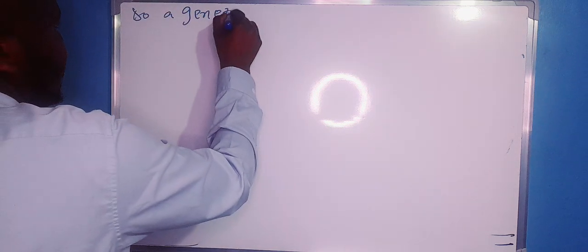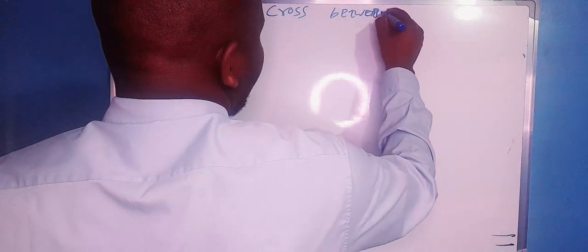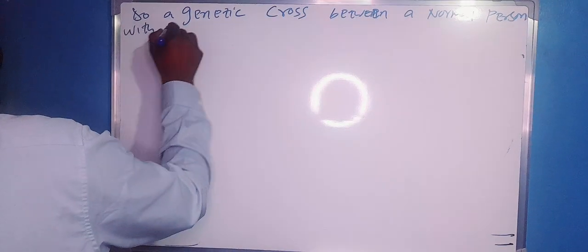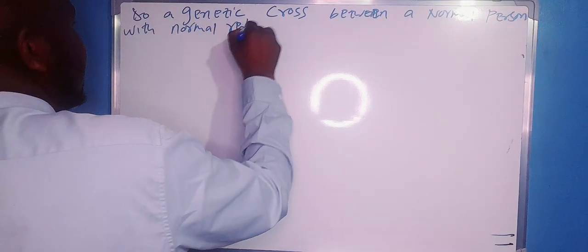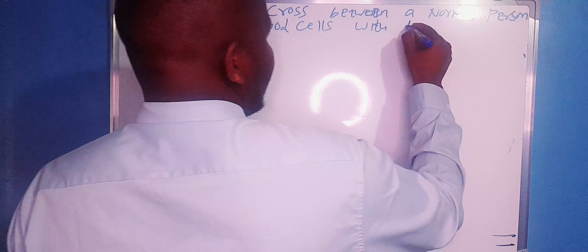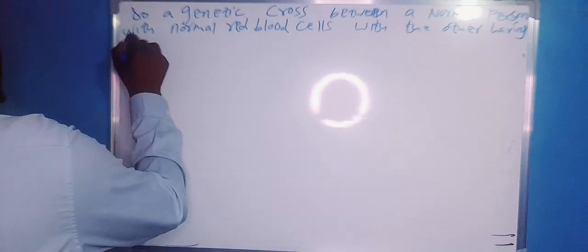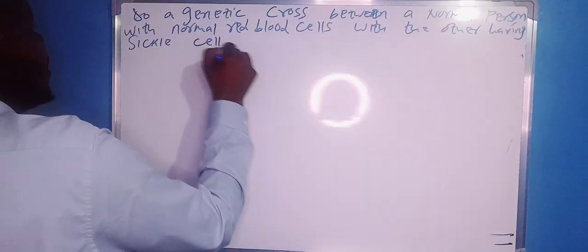Maybe you are told to do a genetic cross between a normal person with normal red blood cells and the other having sickle cell anemia.